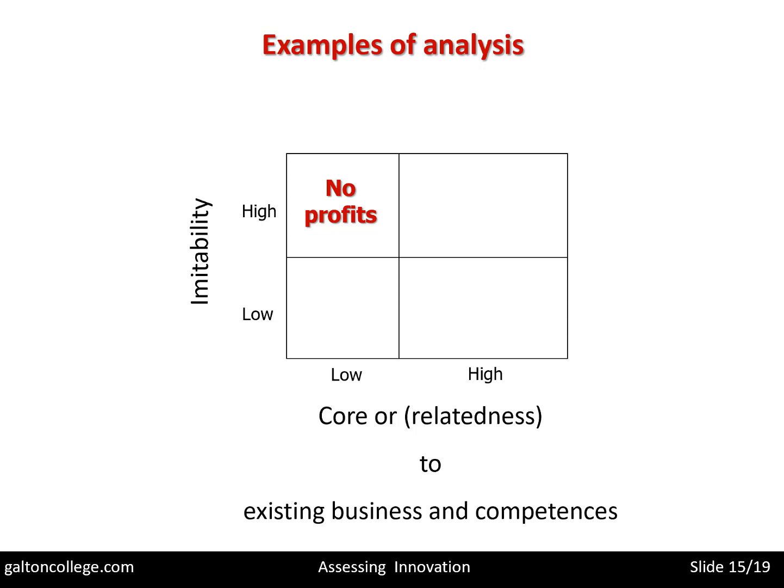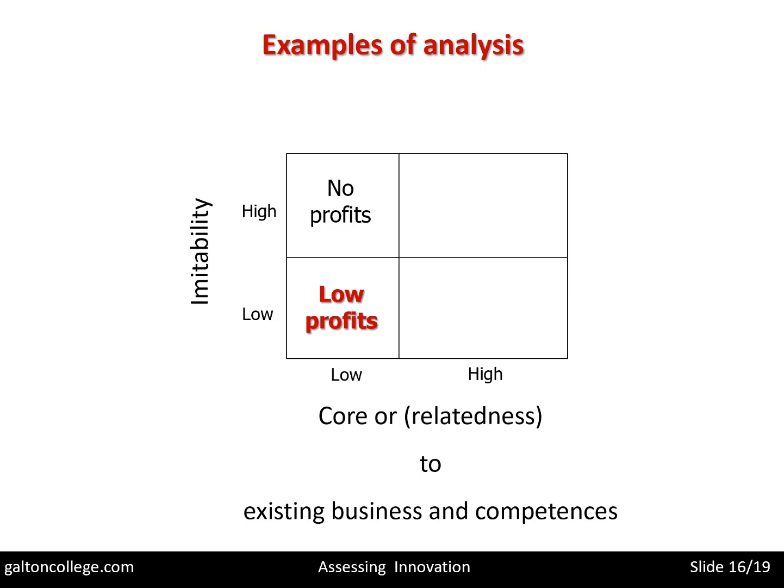Competitors will do it because it's easy to copy. And it's not unique to one company. They don't have specialist equipment or specialist know-how or any element of monopoly power. In other words, this information is freely available, so there's no profits. It's not worth copying in that sense.